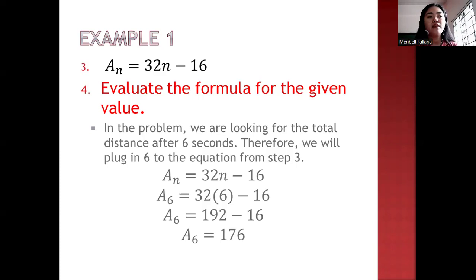Therefore, we plug in 6 to the equation from step 3. We get 32 times 6, which is 192, minus 16.